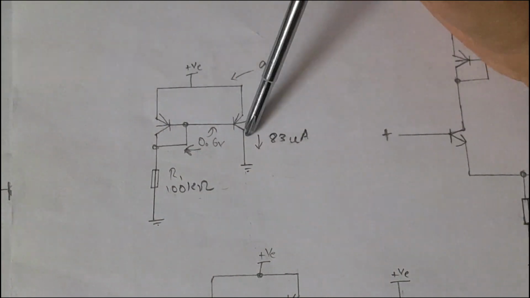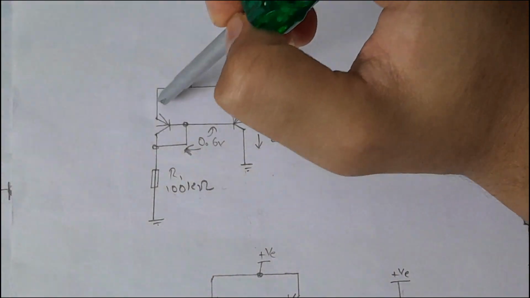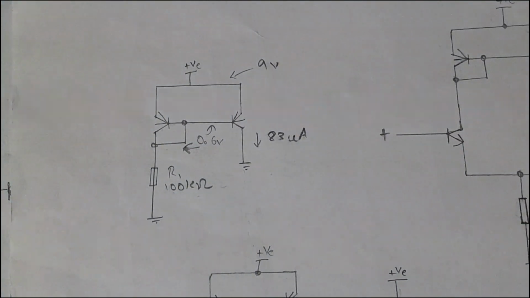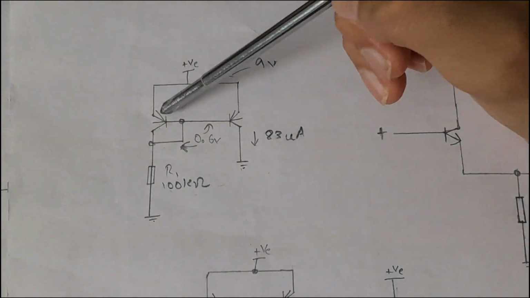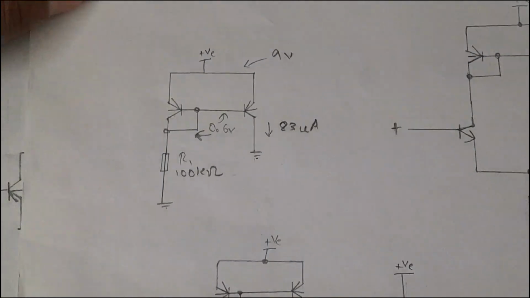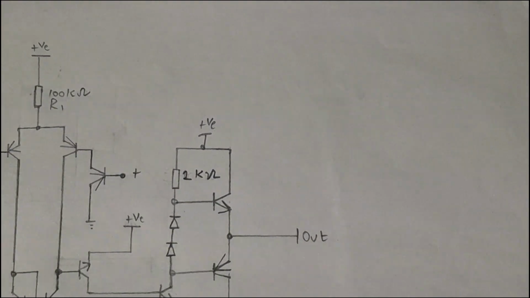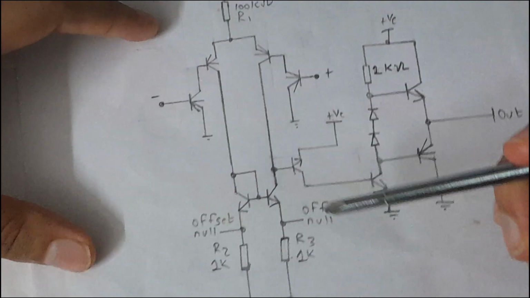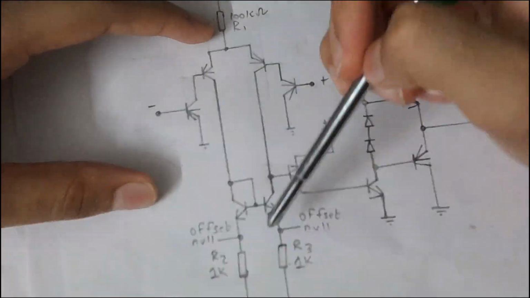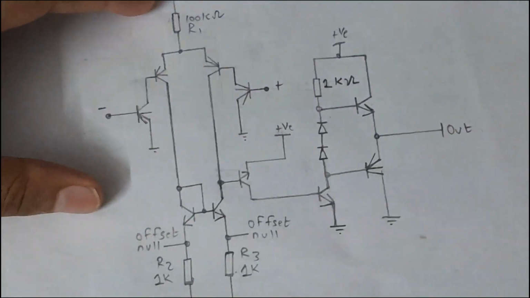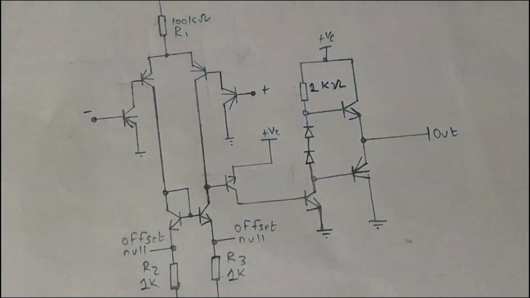If both transistors are matched, the same current flows to the collector of the transistor, but of course in the real world both transistors will have some dissimilarities, so there will be unequal current flowing to the transistors, which we can adjust by connecting higher resistance here, and then we can connect a potentiometer and adjust which transistor will conduct more current and which transistor will conduct less current.